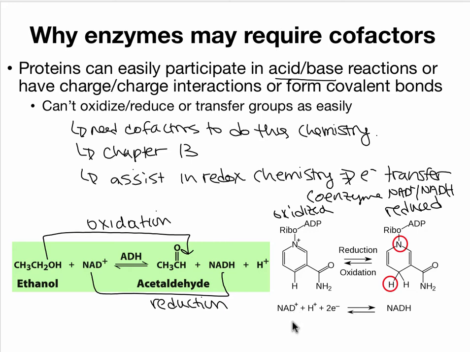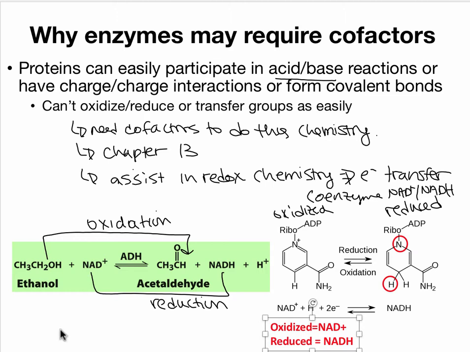We have an oxidized form here, NAD+, and the reduced is NADH. And it's reduced because if you remember oxidation reduction chemistry, you're gaining electrons. When you gain electrons, you're more reduced.